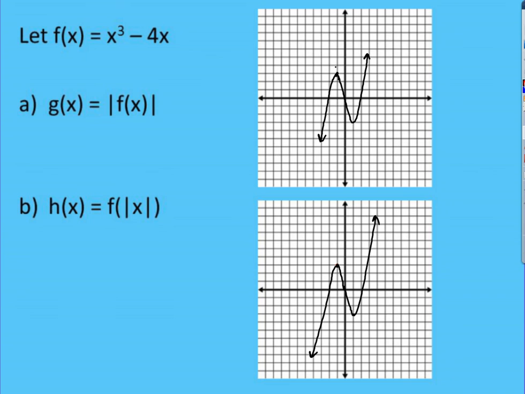So this piece on the bottom is going to become up here. This is above the x-axis, so it stays the same. This is above the x-axis, so it stays the same. And then that last part, since it's below, it flips up and comes up here. So everything down here then gets erased.